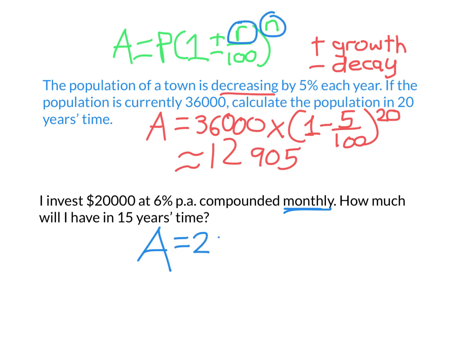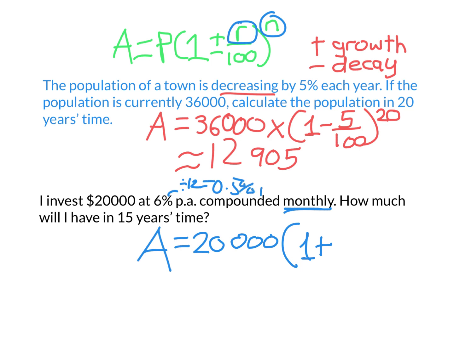So for this, we still have P is 20,000. That part hasn't changed. But what we need to do is change R and N into months. So 6% per annum, 6 divided by 12 is actually the same as 0.5% per month.